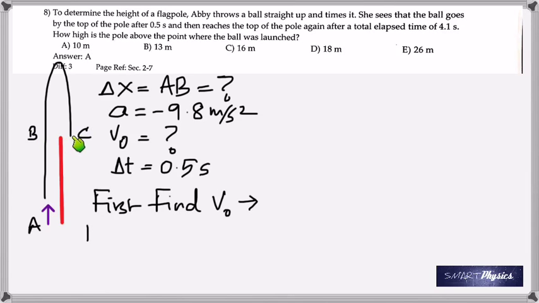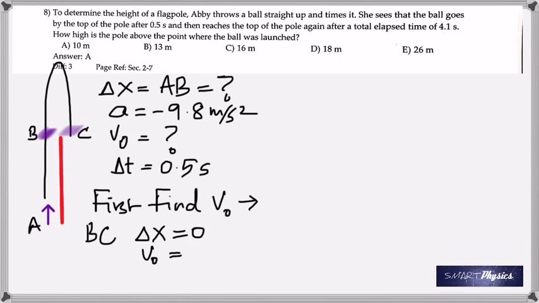And we do know the time that it takes to go from B to C. That would simply be the difference of 4.1 and 0.5, because at 0.5 it reaches there, and at 4.1 it reaches there. So the time that it takes to go from here to here is 3.6 seconds. So the displacement is 0 from B to C.